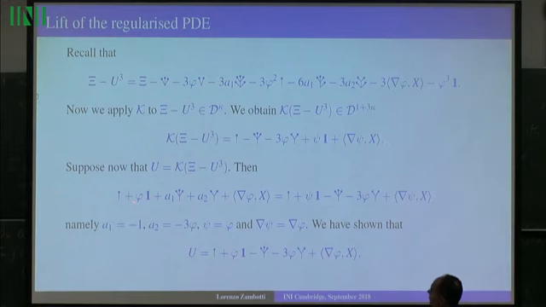So you still hope that u is a fixed point of this map, and so you compare these two quantities, and you realize that a1 must be equal to -1, a2 must be equal to -3 phi, psi must be equal to phi, and grad psi must be equal to grad phi.